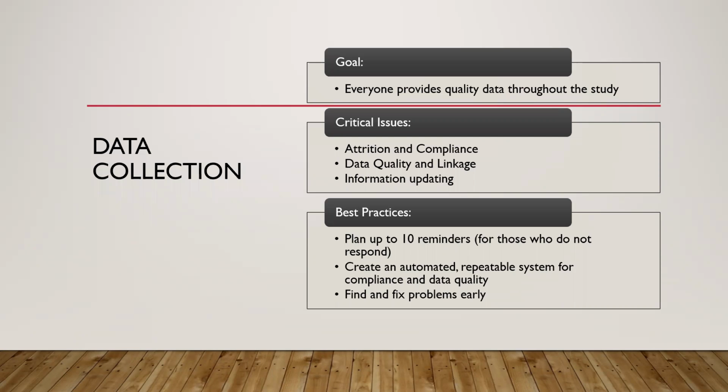And if you can keep track of which ones work for which types of people, you can make this a bit more efficient of a process and a little less pestering. But again, at the end of the day, you have to understand that these people did agree to participate. They signed a statement that says they understood the requirements, and you're just trying to send them gentle reminders to participate.